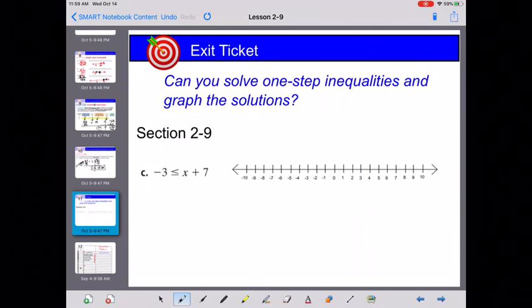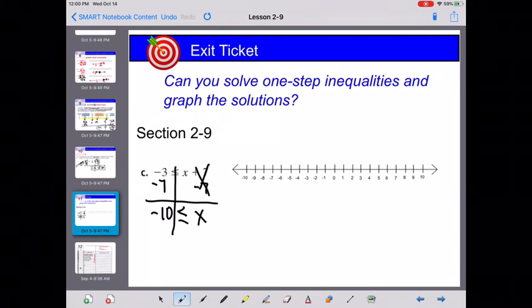Okay, the last one. -3 is less than or equal to x plus 7. We're going to subtract 7 from both sides. -10 is less than or equal to x. Then x is on the right-hand side, and remember, we always want our x on the left or first.